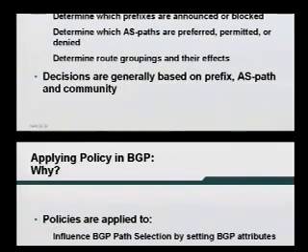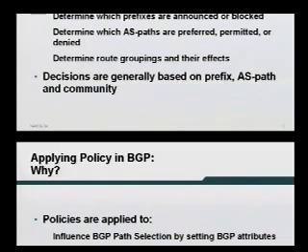The major decisions are generally made on prefix, so what address space you're going to announce or your neighbor is announcing, depends on the AS path. In other words, the list of autonomous systems that the prefix has gone through the internet to get to you, and also the actual community membership.